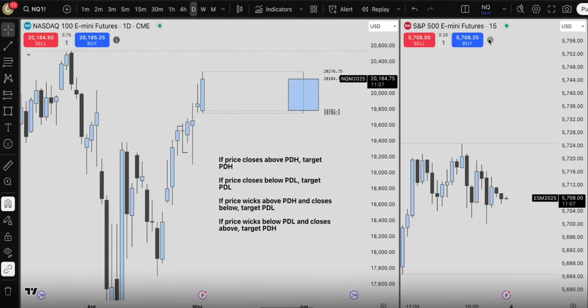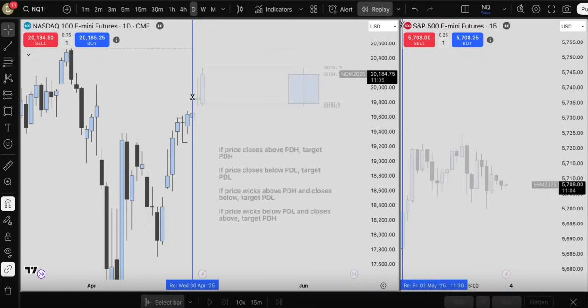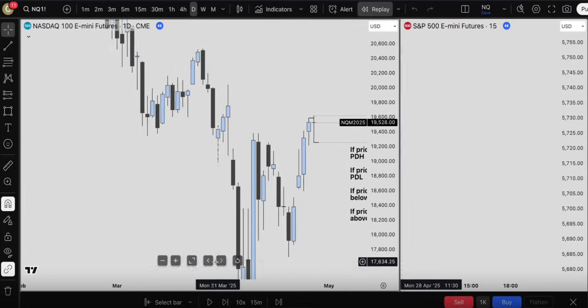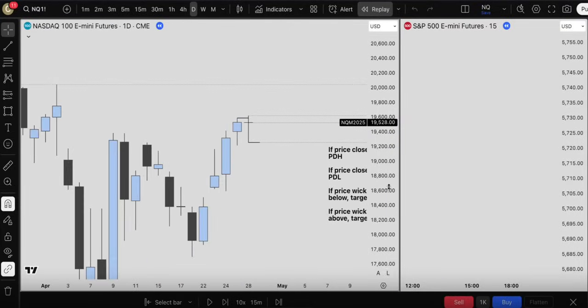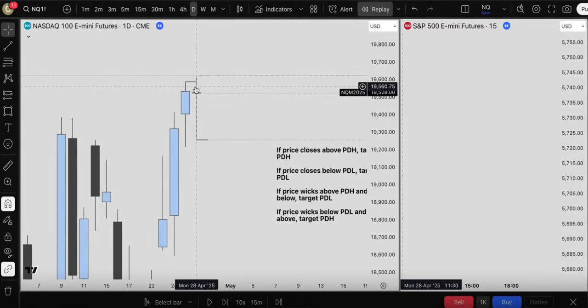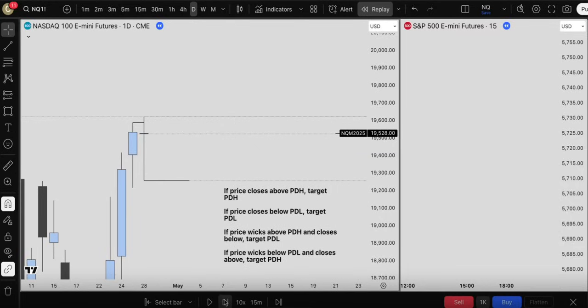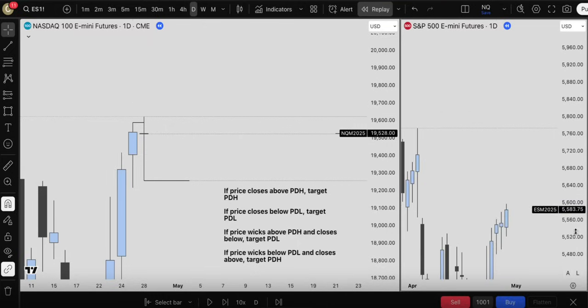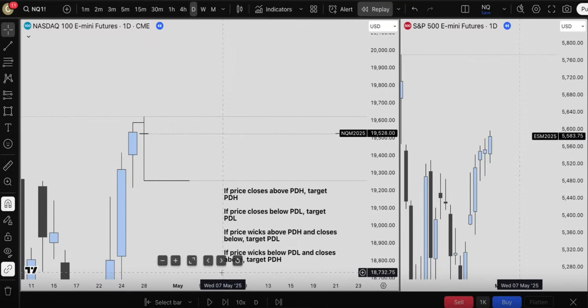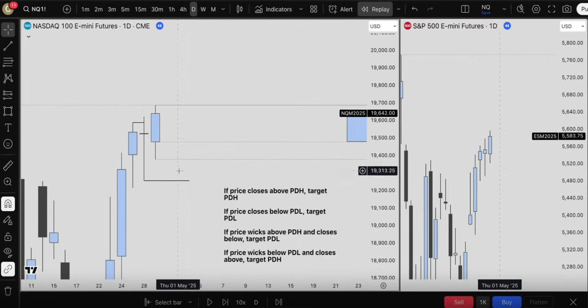Here, let me show you. Let me go to replay. So right here, as you can see, on Monday, we wicked above Friday's previous day high and closed below, right? So our target is right here. On Tuesday, we don't do anything.